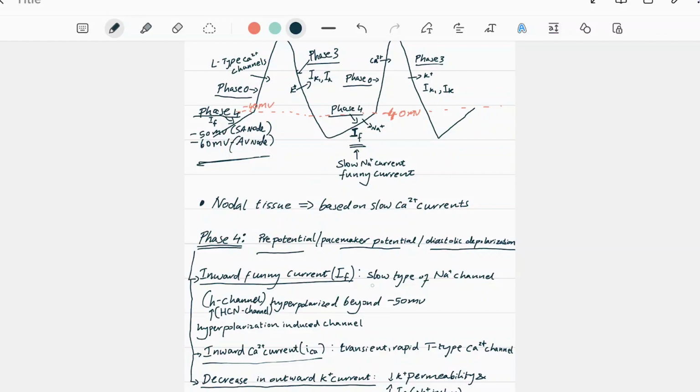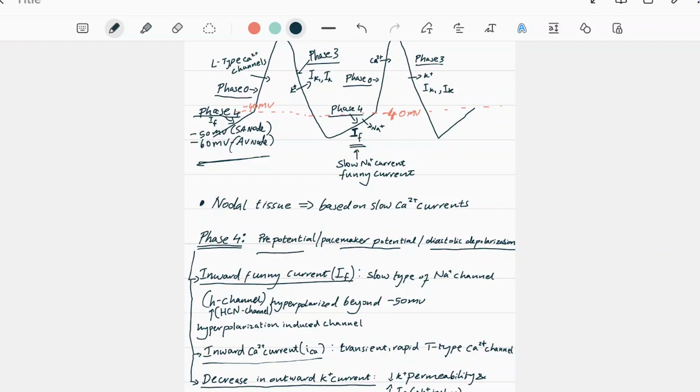So there is a kind of channel called the HCN channel, and it has amino acids which act as voltage sensors. They will sense the level of depolarization or repolarization that is happening in the cell, meaning the membrane voltage.